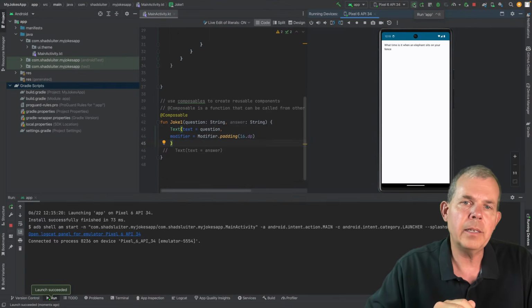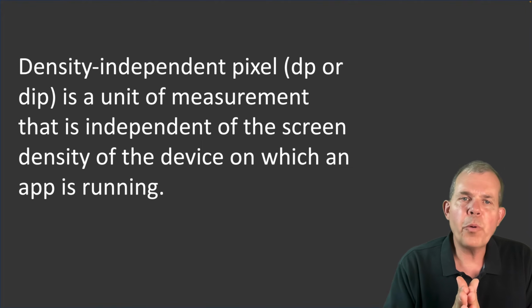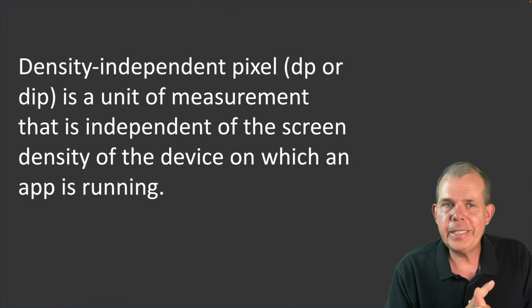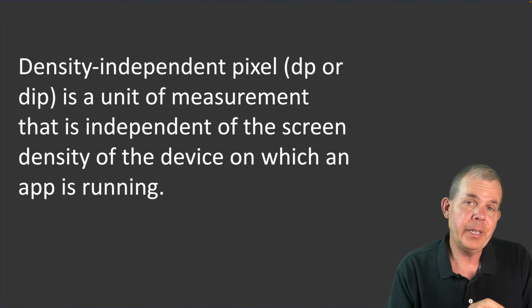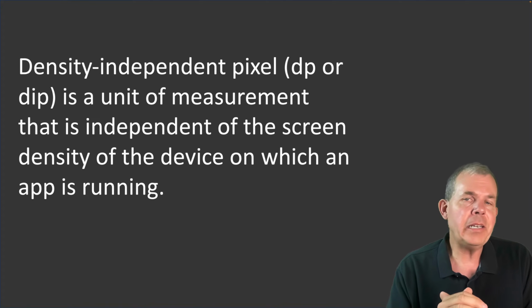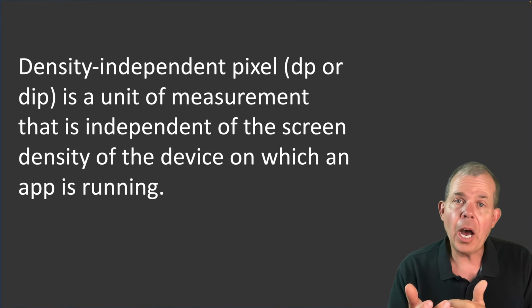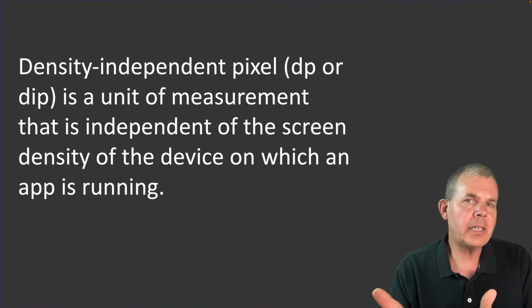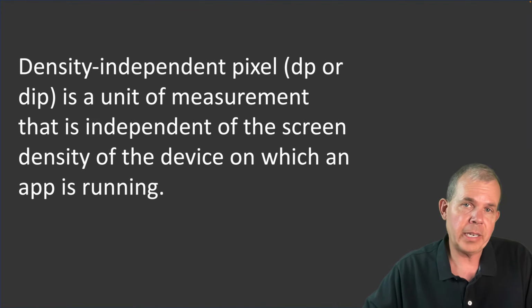That's the padding. The letters DP stand for density pixel, or density independent pixel. You can see the definition here is that it's a measurement on the screen for sizes that is independent of the resolution of the device you're on. That means they scale nicely from small phones to big phones, and you get predictable results for your text size.